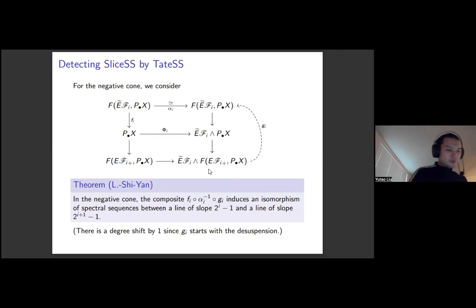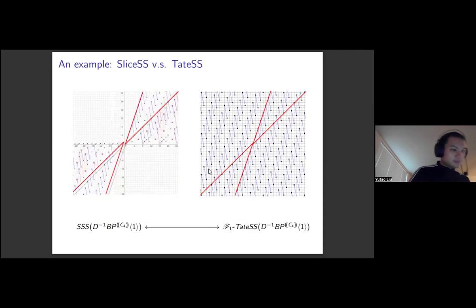I'm going to show you one graph, and you will see how the relation comes about. The left one is the slice spectral sequence of a special quotient BP module spectrum. The right one is the Tate spectral sequence of the same spectrum. It is the F1 Tate spectral sequence.